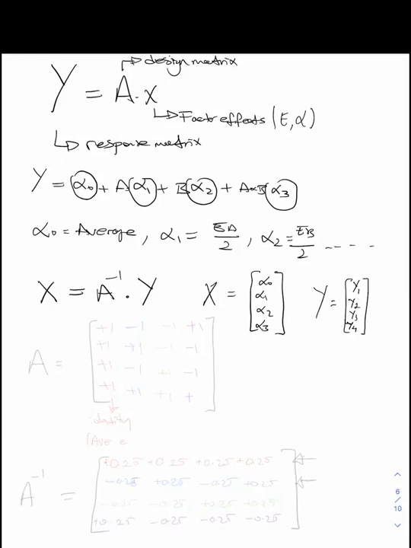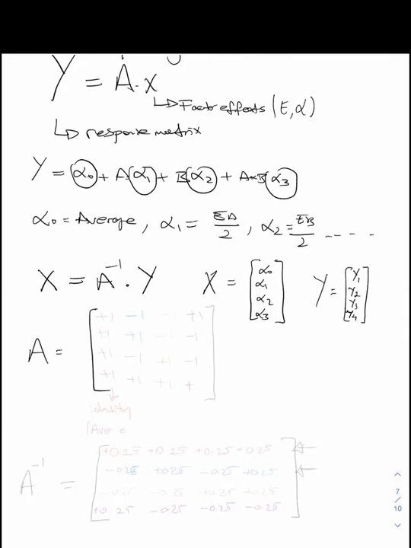Okay, and your A is simply the table that we have used, and your first set of values is going to be your identity column, plus 1, plus 1, plus 1, and plus 1. Right, and that will be pulling out your average when we do the matrix multiplication.